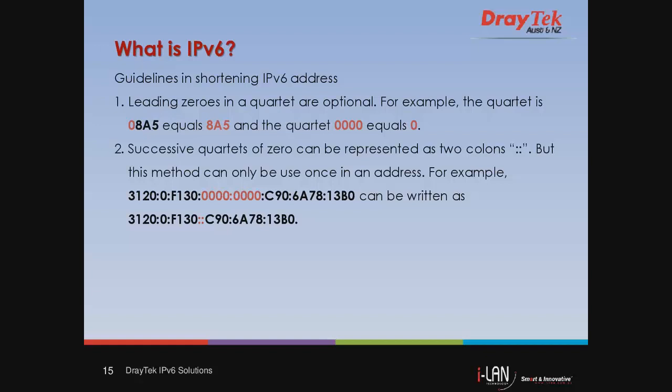For example, the quartet 08A5 is shortened to 8A5, and the quartet of zeros is shortened to 0. Successive quartets of 0 can be replaced with two colons, but this method can only be used once in an address. For example, in the slide, you can see 8 zeros highlighted in red. These 8 zeros can be replaced with two colons.